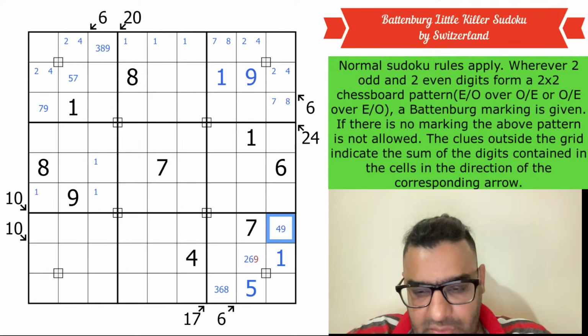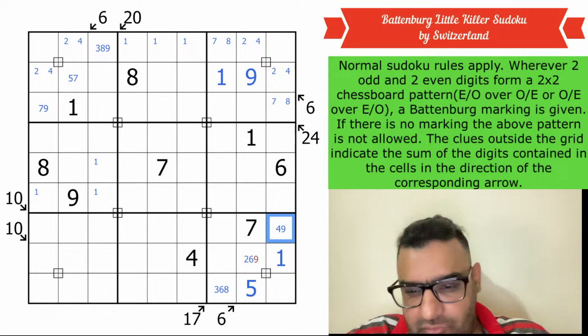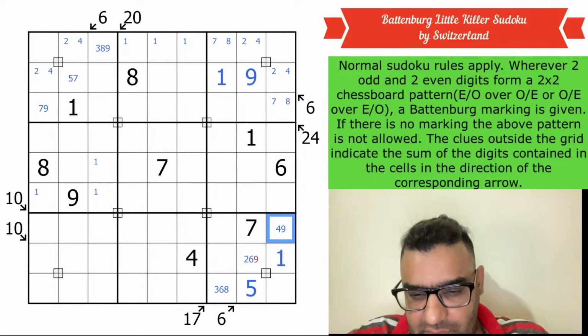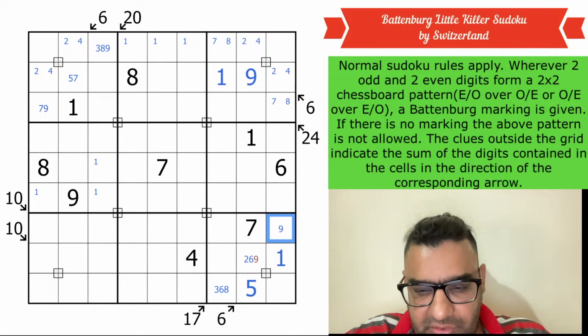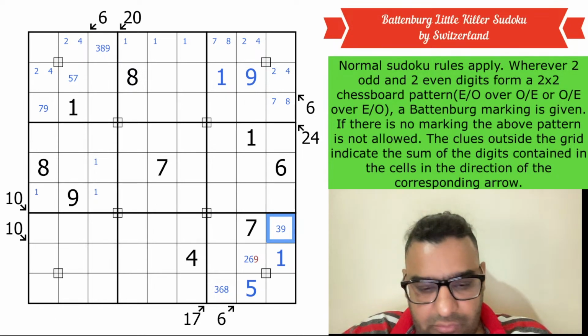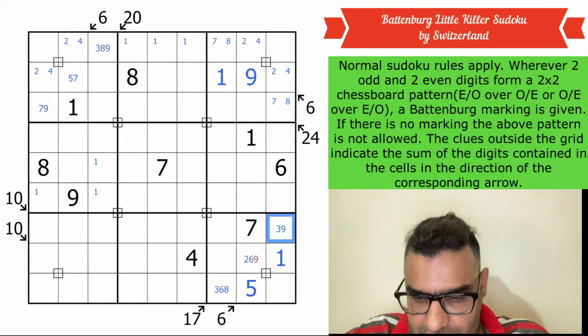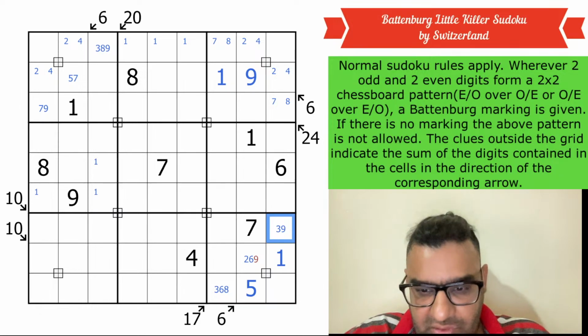If we put a 4, 9 and 4 are 13. That will require another 4. We cannot repeat 4 again. If we put a 9 and 3, it will be 12. 12 and 5 would be 17. We cannot put a 5, so we cannot put a 3.